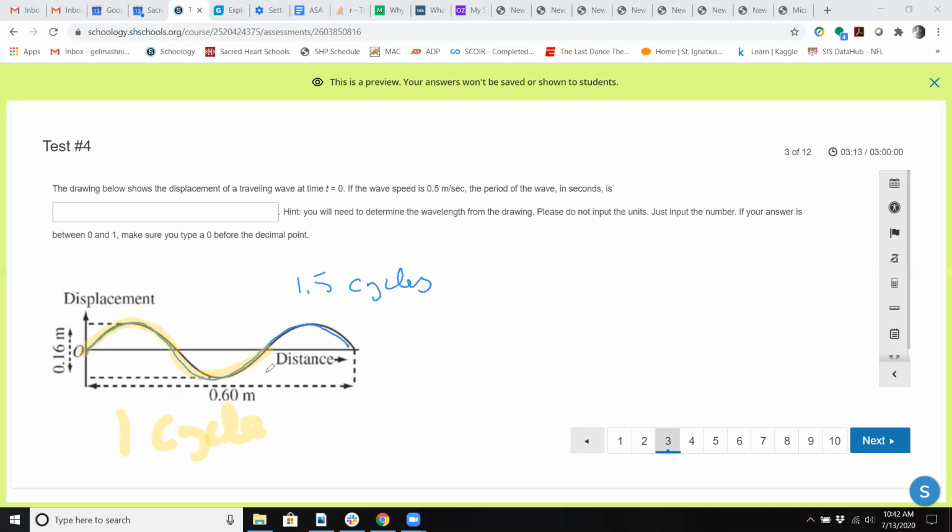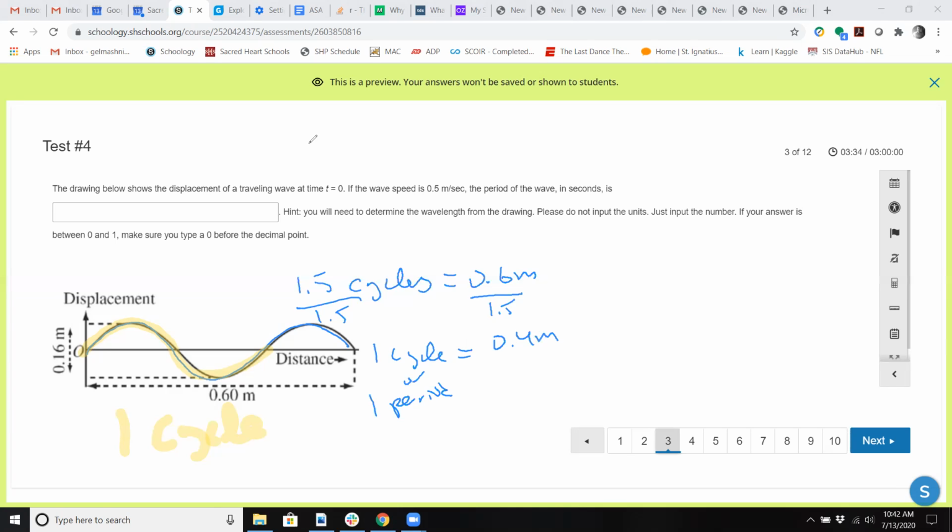That's one cycle right there. So 1.5 cycles is going to equal 0.6 meters. So if I divide by 1.5, divide by 1.5, one cycle or one period is going to be 0.4 meters if you use a calculator.